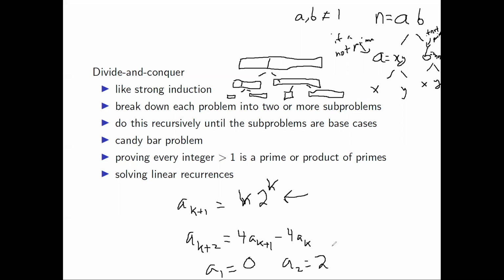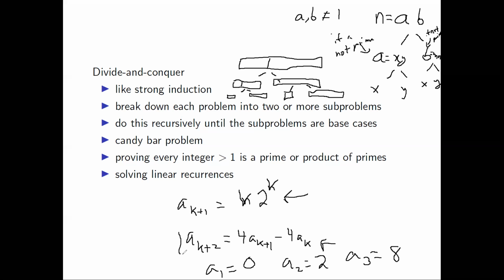And then we could see from the recurrence right here, a sub 3, using that recurrence with the a sub 1 and a sub 2, we would get 8 from that. And that looks good so far. So everything with that looks correct so far.